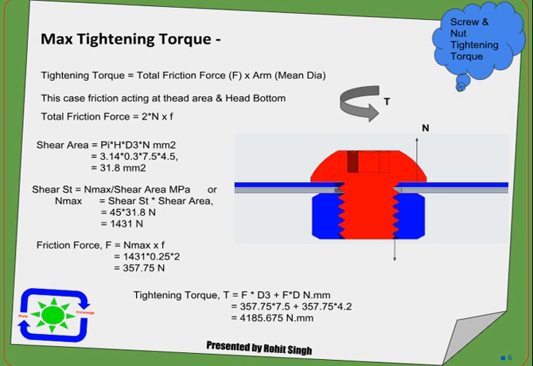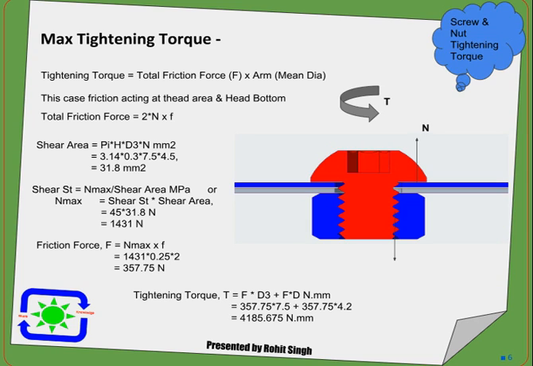With this value we can calculate the total shear area. Shear strength formula we know. With this formula we can calculate the normal reaction which this thread can withstand. So Nmax we can calculate.